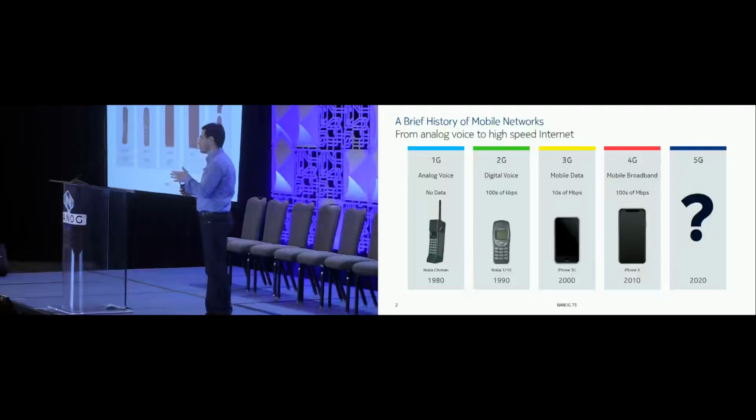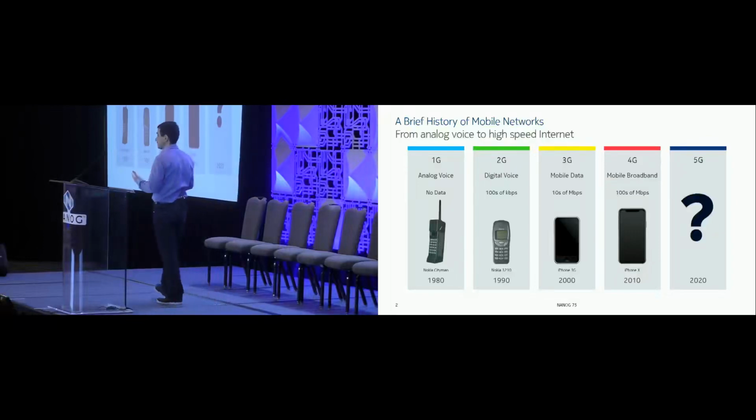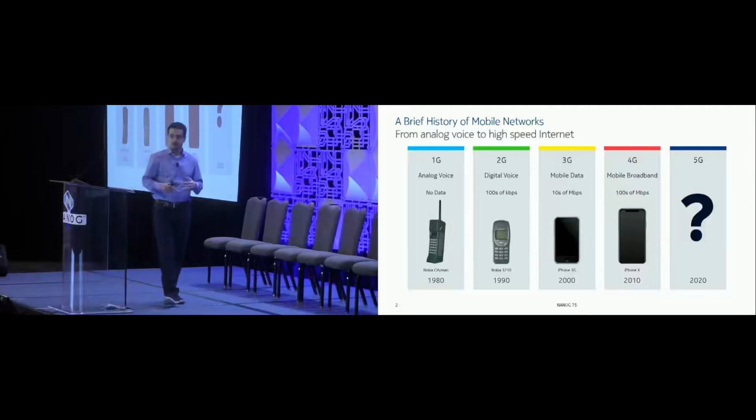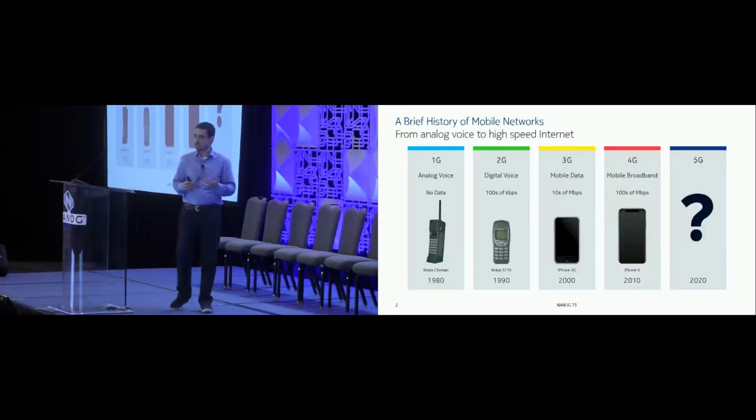And then 4G further enhanced that, with the notion that we didn't have circuit-switched connections anymore. 4G is the first mobile generation where we have an all-IP network, so even voice runs as voice over IP. Now we are in this phase where we need to transition from this 4G technology that we all use today, which is good as long as you have good coverage, to this new generation.